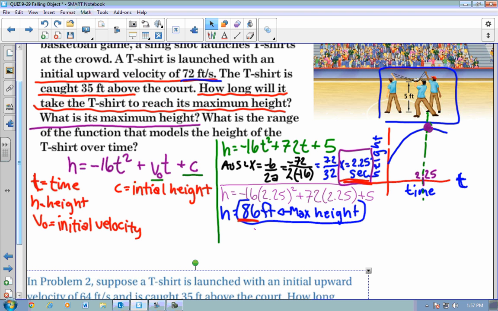So you have to think, what's the lowest point that the t-shirt ever is at? And what's the highest point the t-shirt ever goes?